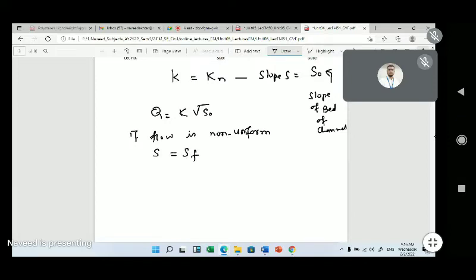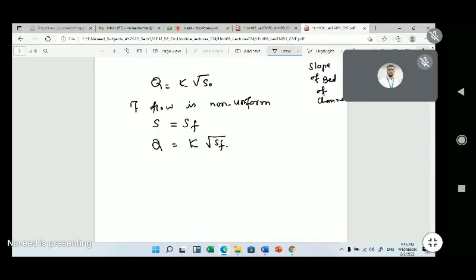So you can write Q is equal to K under root of SF. If we equate the discharge, because discharge is constant, K under root of SF is equal to Kn under root of S0.